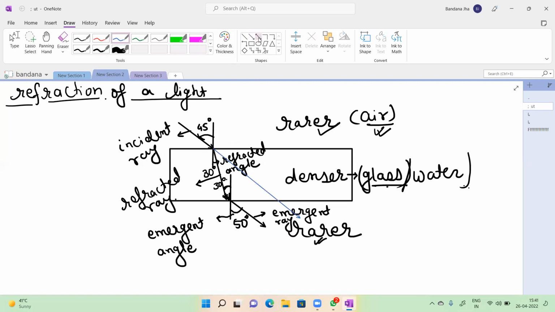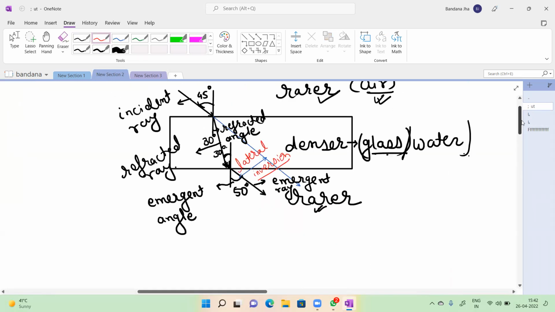Now, the distance between the extended incident ray and the emergent ray is known as lateral displacement, lateral inversion. The distance between your incident ray and the emergent ray is known as what? Lateral inversion. Now here are the rules that you should know.